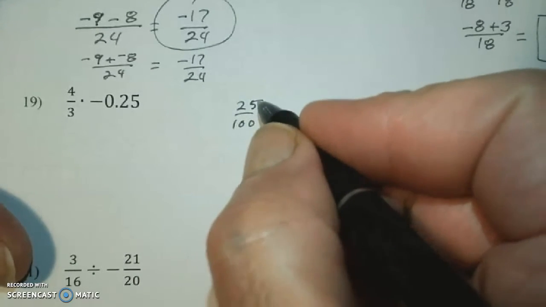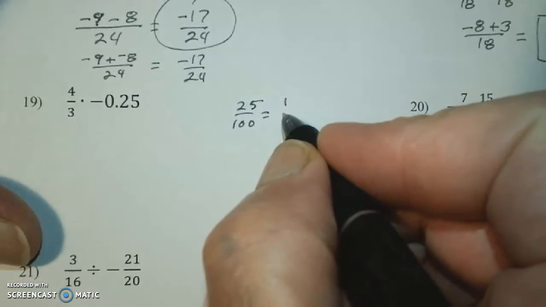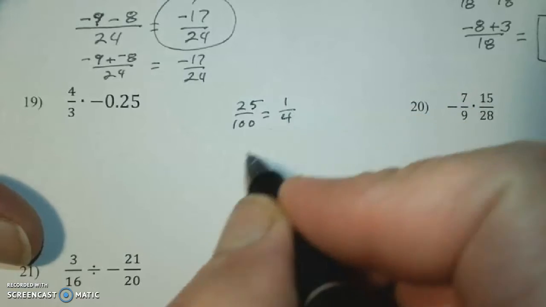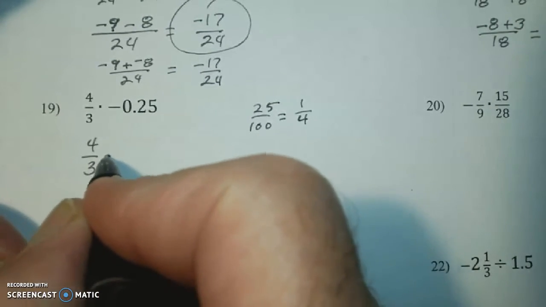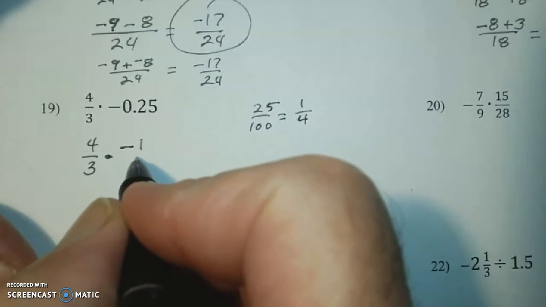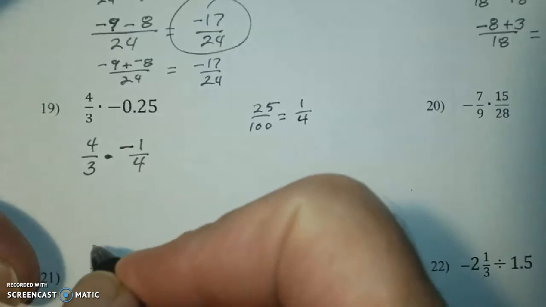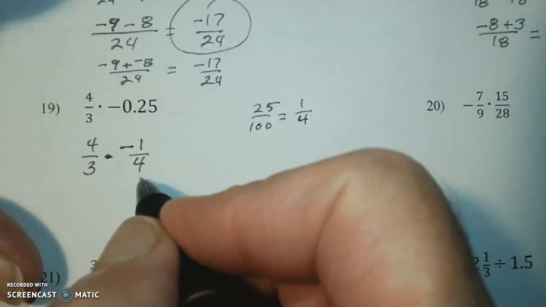I recognize they both can be divided by 25. Divide by 25, I get 1/4. So this is 4/3 times, I'm going to put the negative up high, -1/4. Again, when it's multiplying, you can reduce before you multiply.